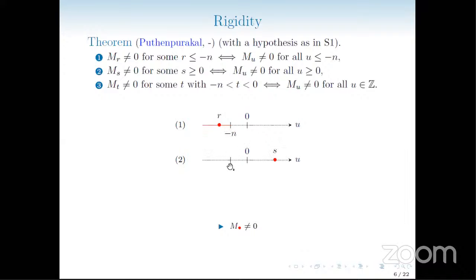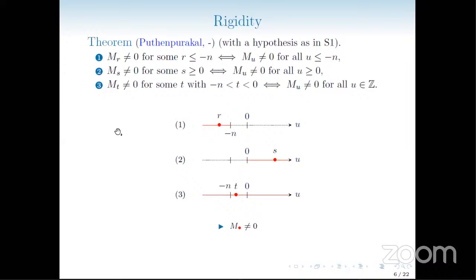And if some sth graded component is non-zero for some s greater than or equal to 0, then it is non-zero throughout the region. And if some tth graded component is non-zero for some t lying between minus n and 0, then it is non-zero throughout the region. So here note that this n is the number of variables of the polynomial ring.